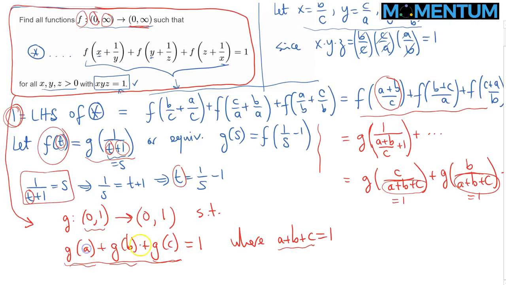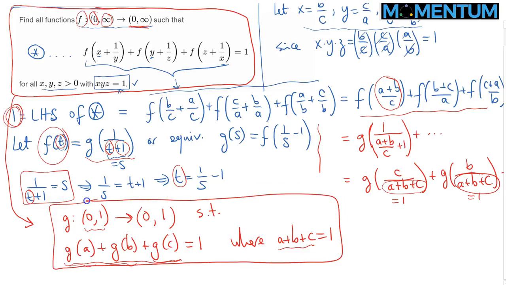However, now we have this additional condition, a plus b plus c is equal to 1. Wow, so at least this implies this new functional equation, and I guess a simpler problem as well. Now that's what we need to solve.